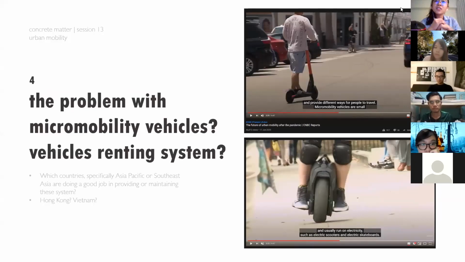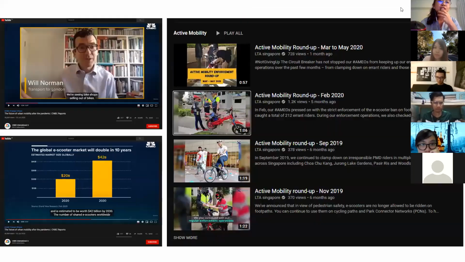But then I'm just wondering, because this kind of micro mobility vehicle is actually not new, and has been seen in a lot of places. In the video, they shared that these micro vehicles are blooming, and they expected growth.